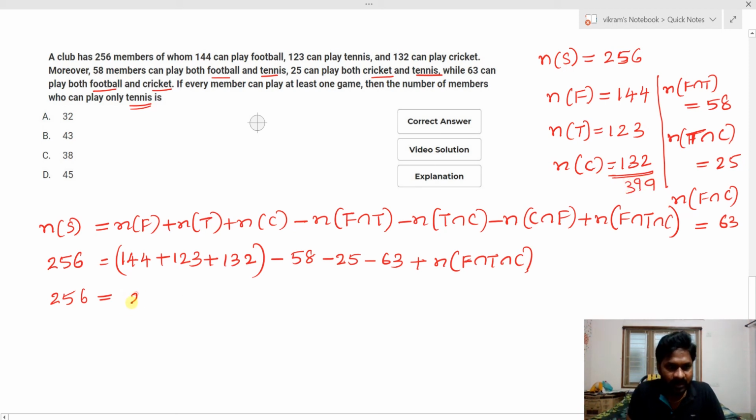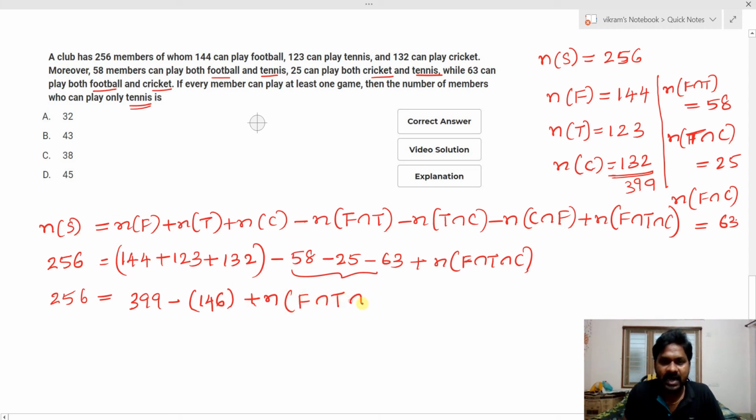I am replacing over here: 399 minus, now we have to add all these, 58 plus 25 plus 63. Taking minus as common, we get 146, plus the number of players who can play football, tennis and cricket.